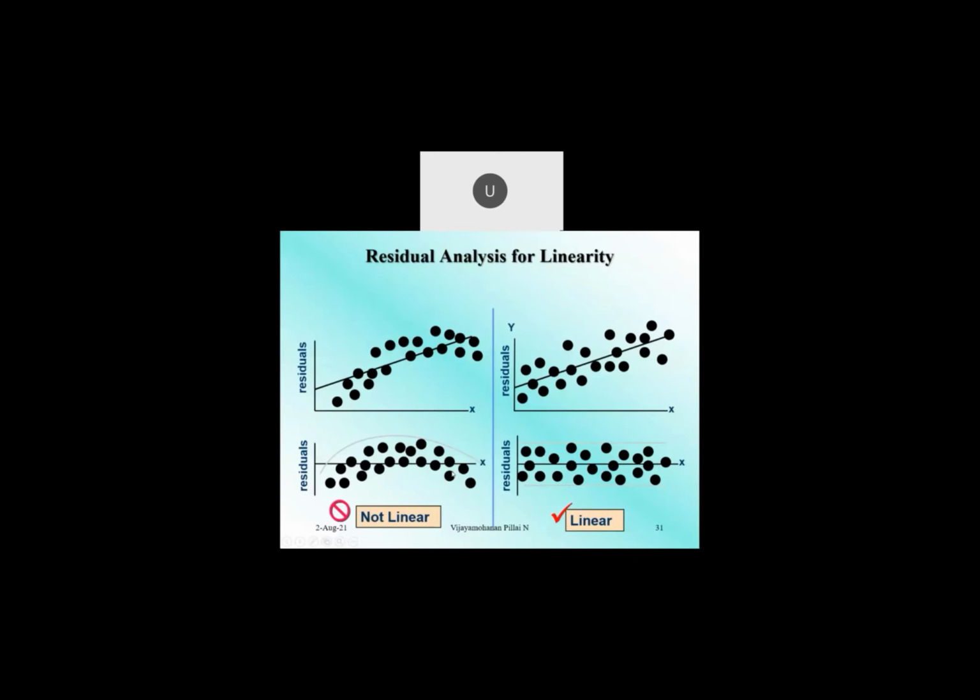Then whether they are independent or not, the error independence, that is no autocorrelation. So if the residuals have a pattern like this, or a pattern like this, a cyclical pattern, then they are not independent.